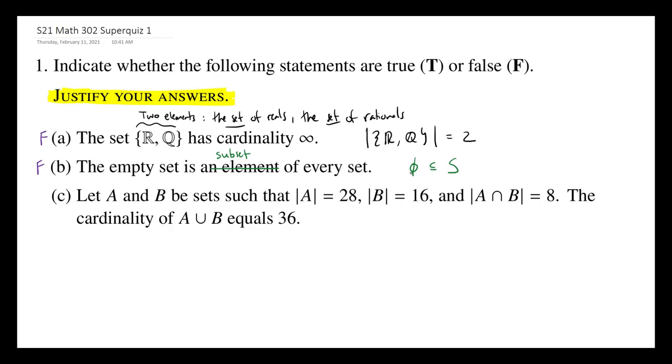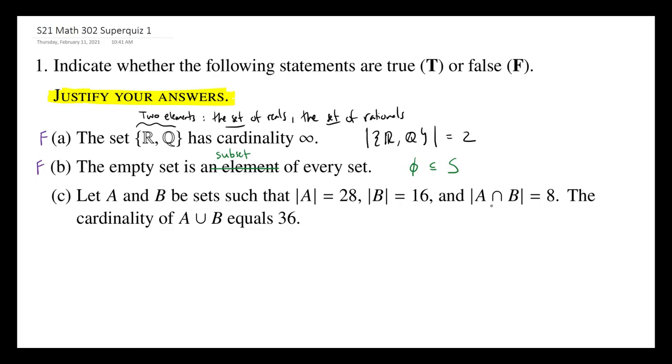All right, let's look at number 3 now. A and B are sets, and the cardinality of A is equal to 28. Remember, this notation means there are 28 elements in the set A. B is another set with cardinality 16.